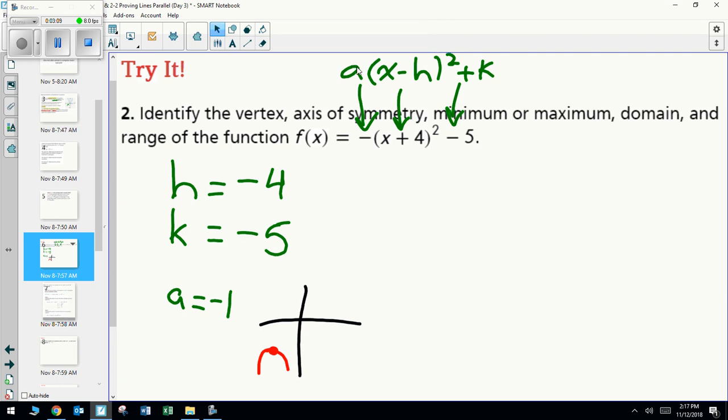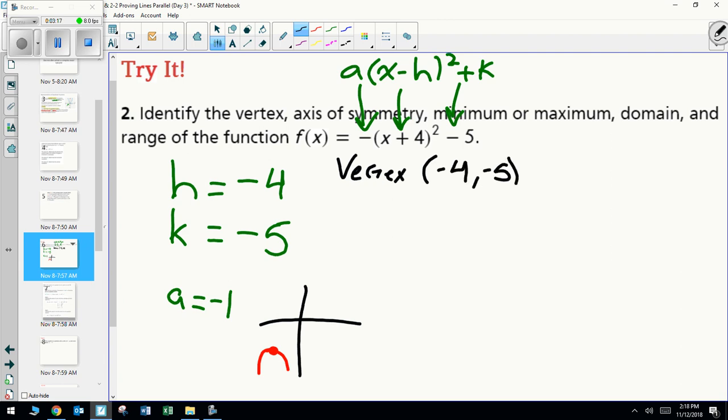So I know my vertex is -4, -5. And because it's opening downwards and I know my vertex, I know that my graph has a maximum. Because it opens downward, it has a maximum.